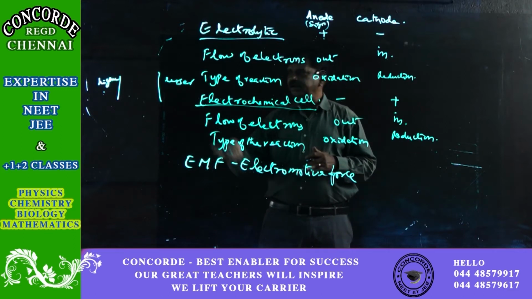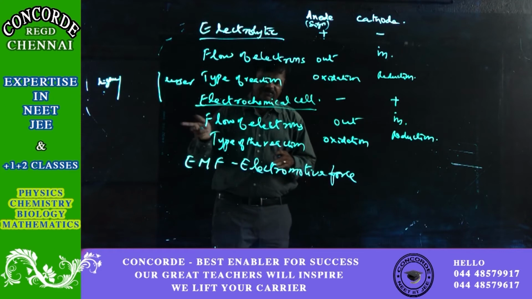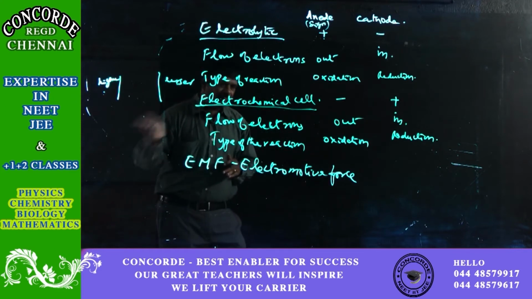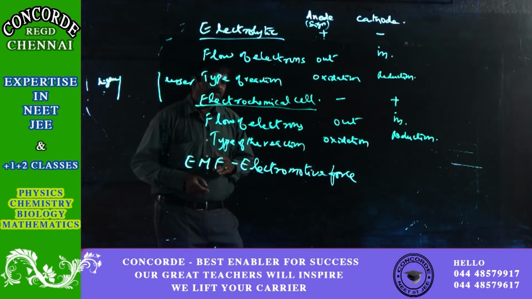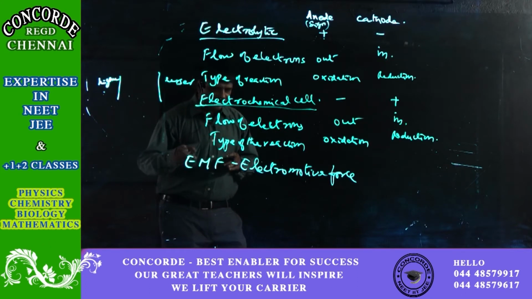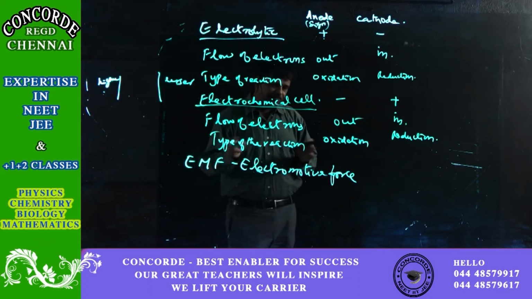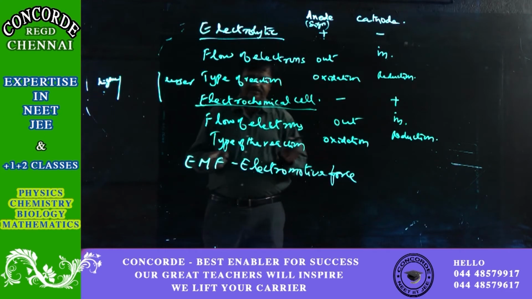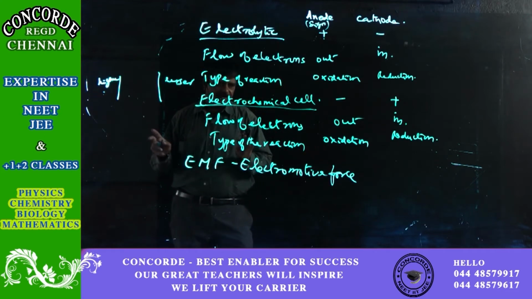Like that, depending upon the potential difference between the two ends, the flow is measured. So electromotive force is also a potential, and the force can be arrived at from the potential difference between the two ends, anode and cathode. I hope you are able to understand.